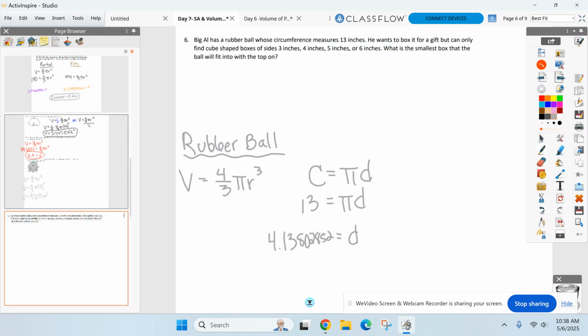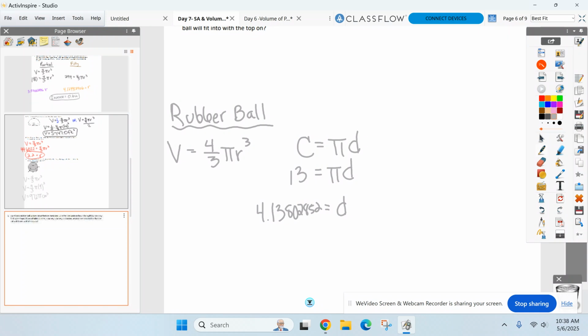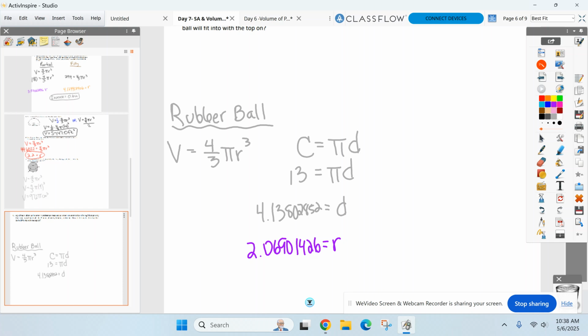There's your diameter. Go ahead, cut it in half so I can plug it in my volume formula. So the radius of this gifted rubber ball, 2.06901426. And let's find the volume of the rubber ball. Plug that in there.